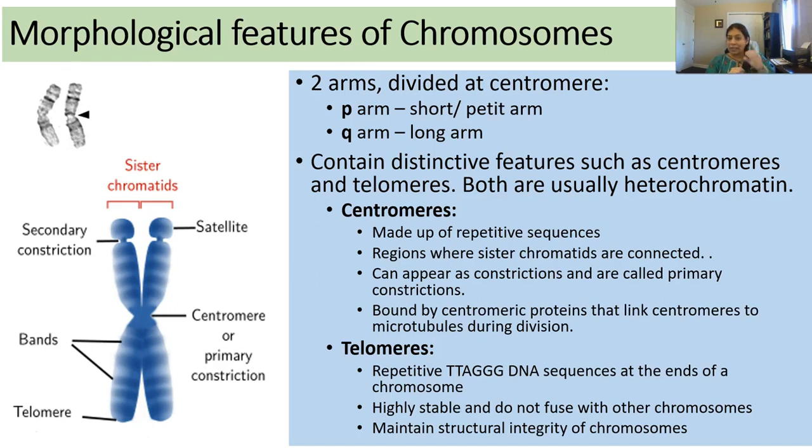That doesn't have to be in the center. It can be off center to one side or the other, hence the short arm and the long arm. They're made up of repetitive sequences and they combine together with proteins to create that centromere structure that then binds to microtubules during cell division.